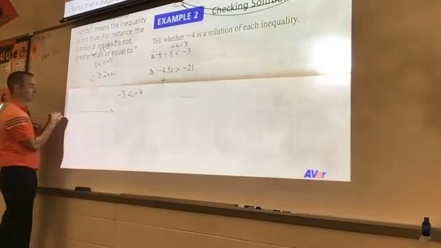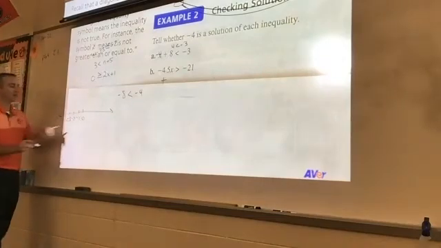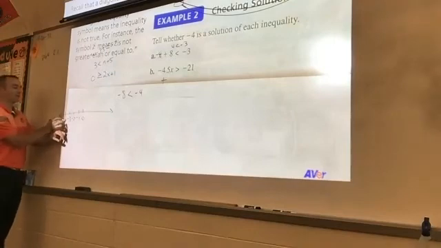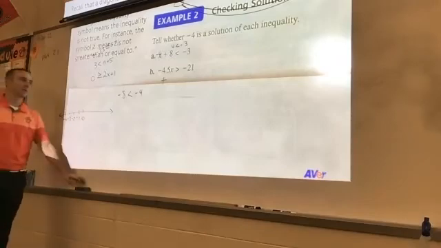Zero is here. So -4 is greater than -8. It's down here, so this is true. It's closer to 0. The negatives that are closer to 0 are the bigger numbers. Okay, so that is a good statement there.